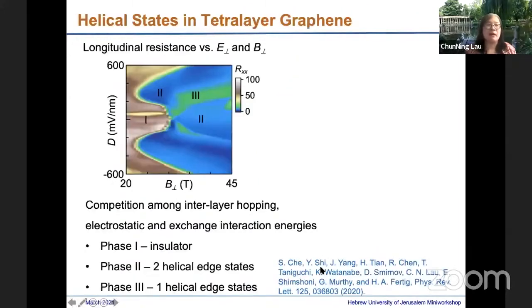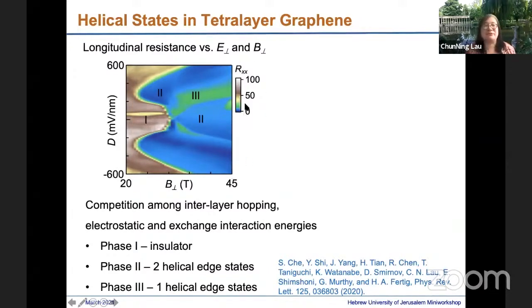Now let me tell you about the work in tetralayer graphene. The story is slightly more complicated, but I'll be brief and just show you the main result. Again, we're staying at the charge neutrality point. Here we're measuring longitudinal resistivity.